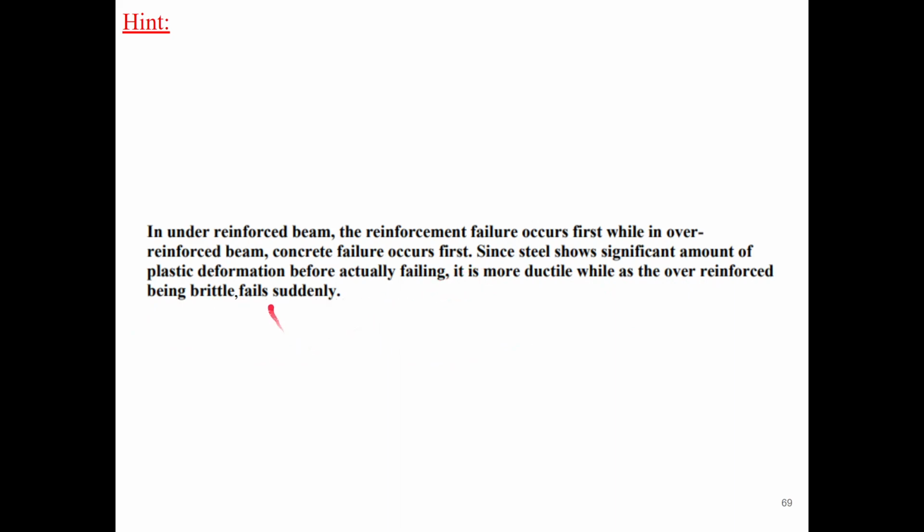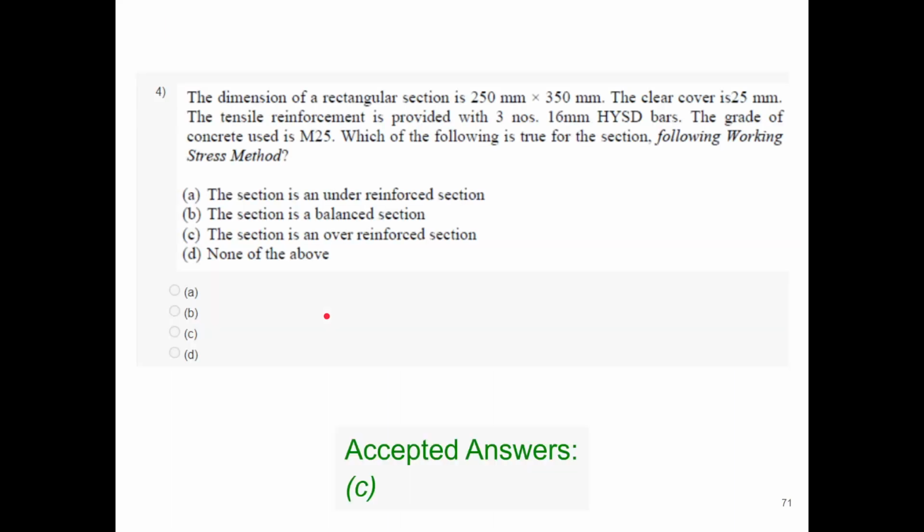As you can see, plastic deformation of steel is more. As it fails first, it can be observed. But in case of over-reinforcement, because concrete is brittle, it fails suddenly. We don't want sudden failure. We want failure after a certain duration, so time propagation should occur.